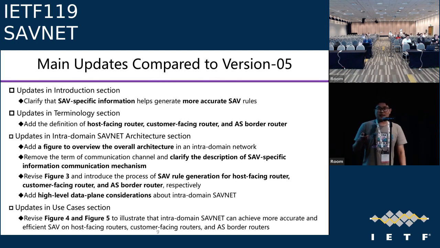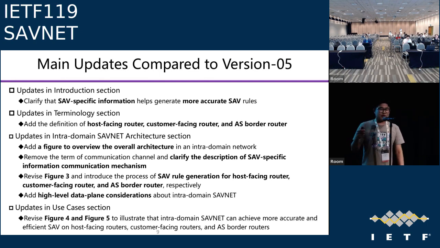In the intra-domain SAVNET architecture section, we first add a figure to overview the intra-domain SAVNET architecture in an intra-domain network, and remove the term communication channel and clarify the SAV-specific information communication mechanisms.